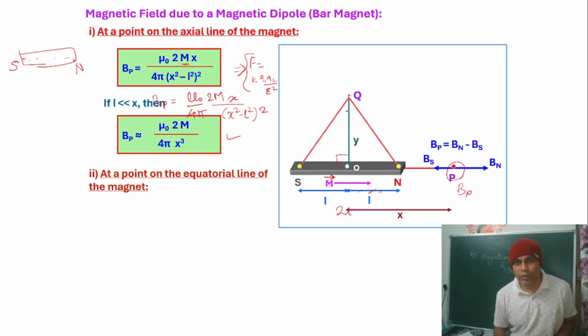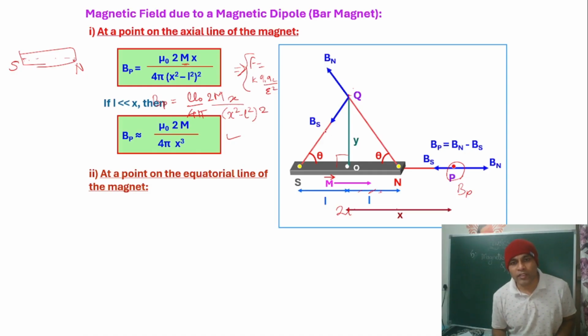We have the perpendicular distance at Q, and from that point we are going to calculate the magnetic field at a point on the equatorial line of the magnet, the BQ. You can see, due to the north pole there is a BN, force of repulsion, and due to the south pole the force of attraction.